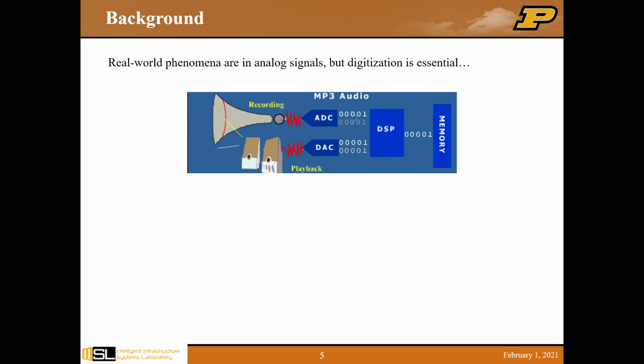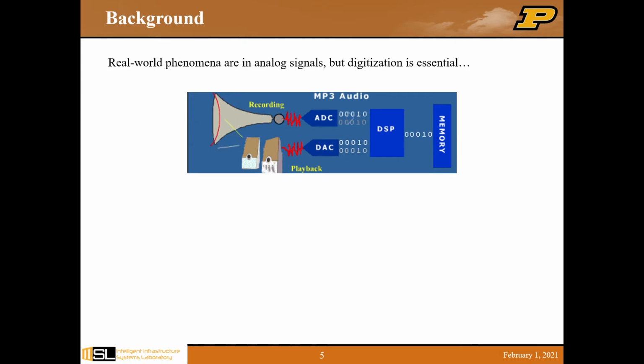The real world phenomenon is always analog. We can describe it as an energy level. The transducer, which is the microphone here, measures the level of energy using a voltage signal or current signal, but it's in analog.